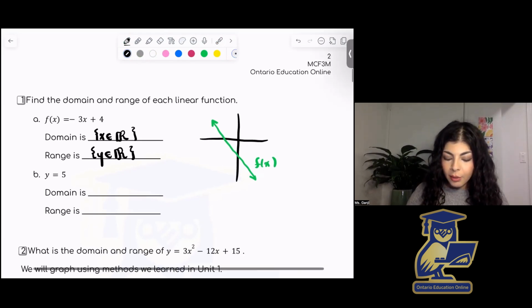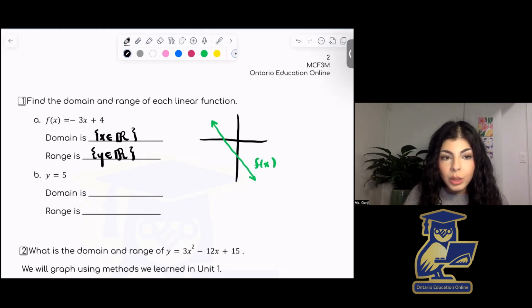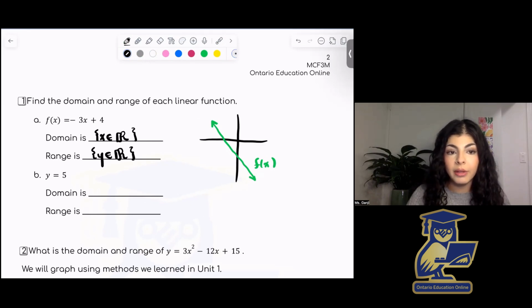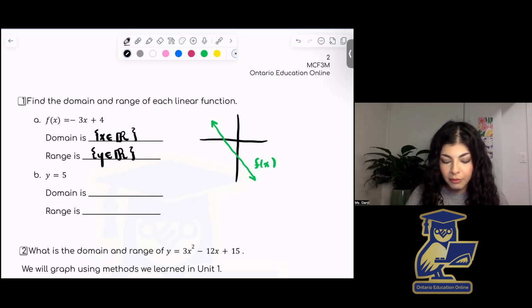And a question for you now would be, would this hold true for all linear functions? And you should have got that yes, it will, because for any linear function, x can be any value, and you can choose x however way you want to get all values of y as well. So it'll be both belonging just to the set of real numbers with no condition.